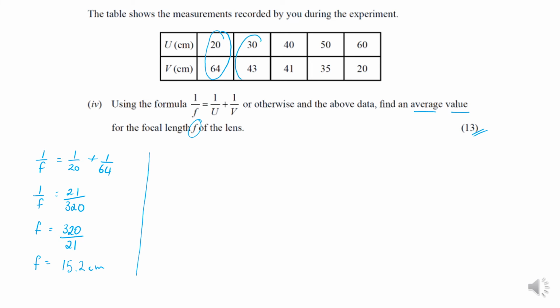So the next set of data gave me a result of F equals 17.7 cm. The next set here gave me F equals 20.2. Okay, I would have hoped they'd be closer if it was my experiment.